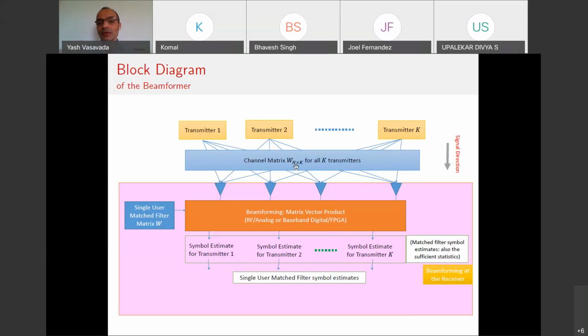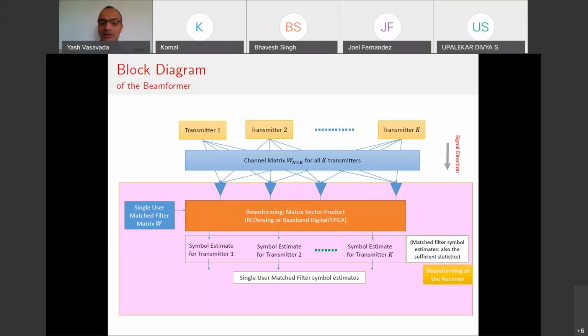But in case of beamforming, in case of NOMA, this W will not be an orthonormal basis matrix. And therefore, the collection of symbol estimates that we have called the sufficient statistic vector Y ends up having a formulation which is Y is equal to R times S plus some noise vector.